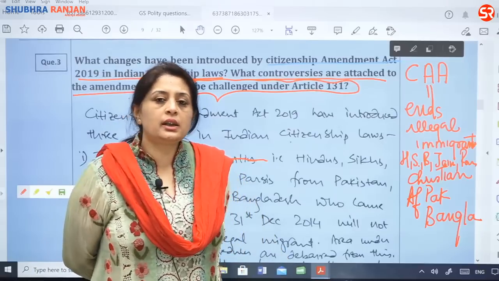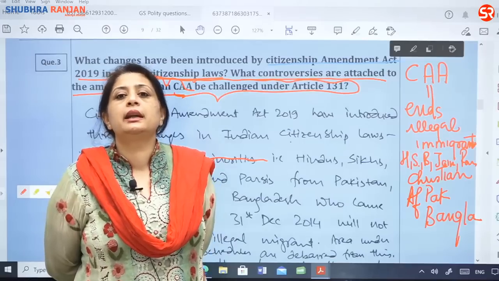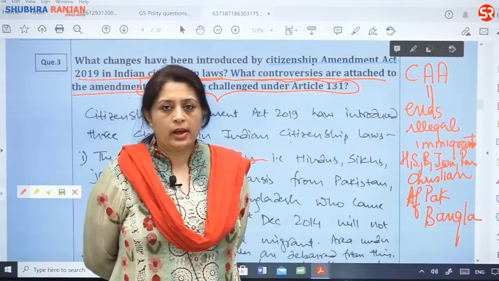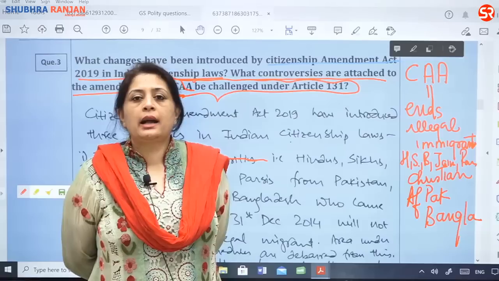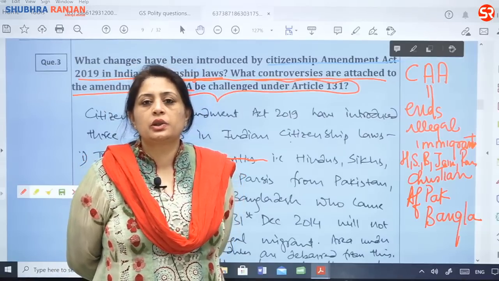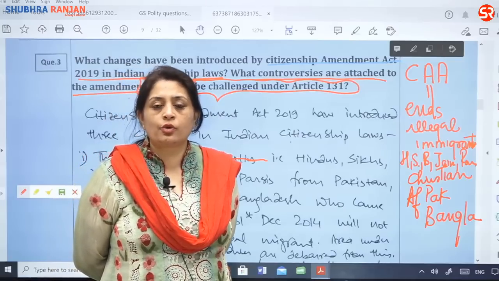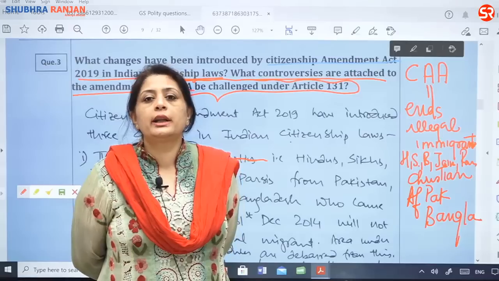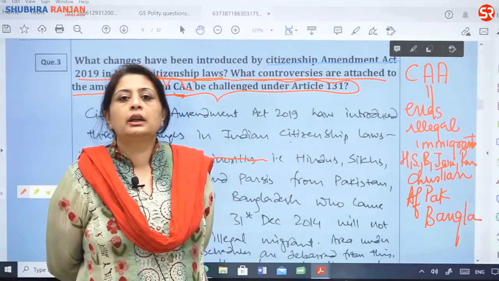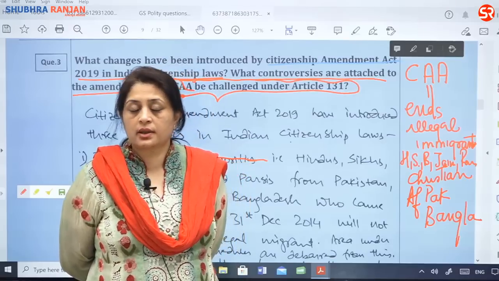Now there is a controversy that this is against the right to equality. Those who say this is against the right to equality and secularism argue that in India equality before law under Article 14 of the Constitution is secured even to non-citizens.